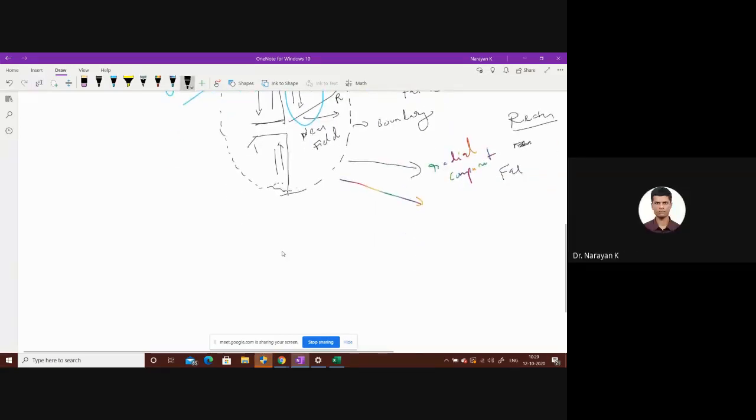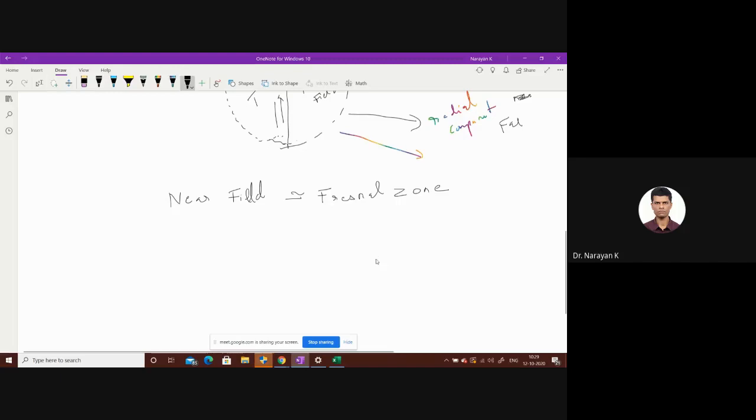So this near field region is also known as the Fresnel zone. This is known as your Fresnel zone.